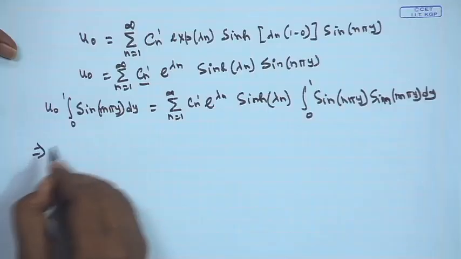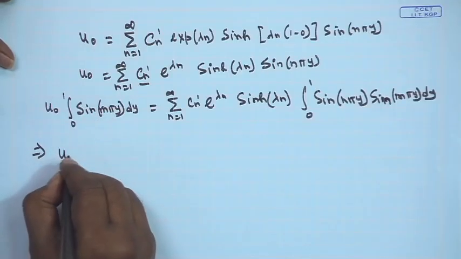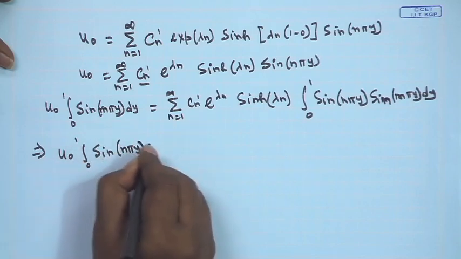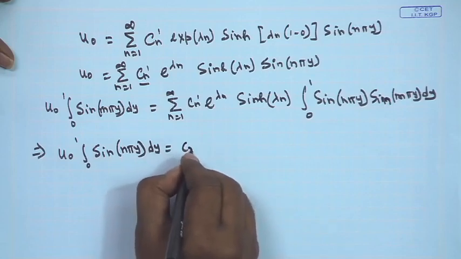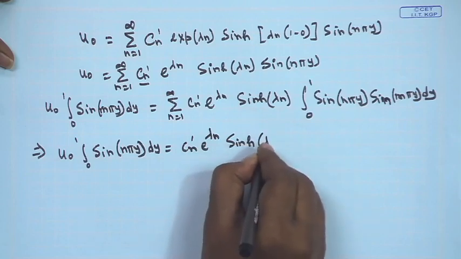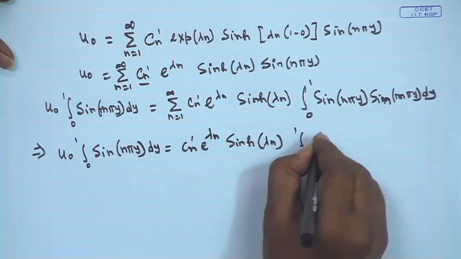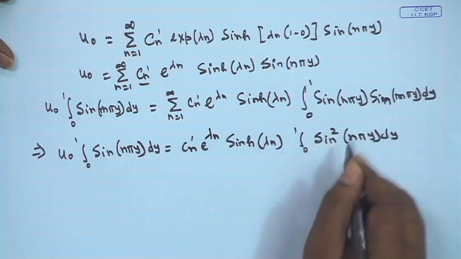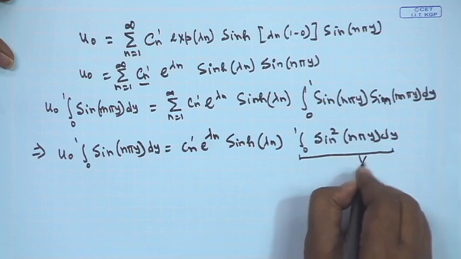By opening up the summation, we will have one term on the right hand side that will survive, it will be the integral of sine square n pi y dy. Then changing the running index from m to n, we will have u naught integral 0 to 1 sine n pi y dy equal to C n prime e to the power lambda n sine hyperbolic lambda n integral 0 to 1 sine square n pi y dy, and we know that this returns a value of half.